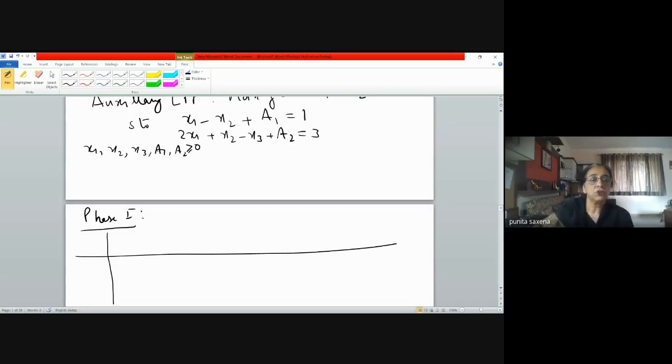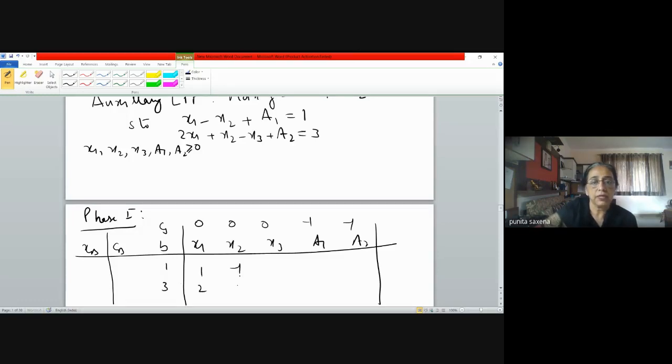Okay. So here, I'll start with the phase 1 problem itself, where my variables are x1, x2, x3, a1, a2, with coefficients being 0, 0, 0, minus 1, minus 1, and my entries being 1, 3, 1, 2, minus 1, 1, 0, minus 1, 1, 0, 0, 1.